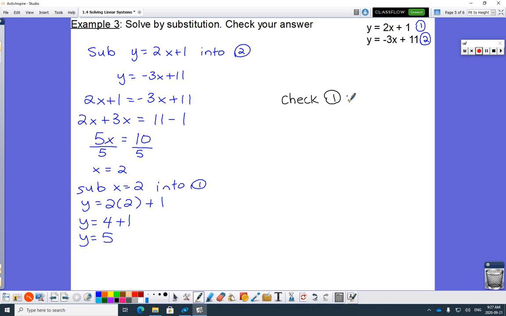Going to do our check because it says to check, so you get marks for it. So check in number 1. The left side is just y, which is 5. Again, one side is just a number, the other side we have to do a little bit of algebra.